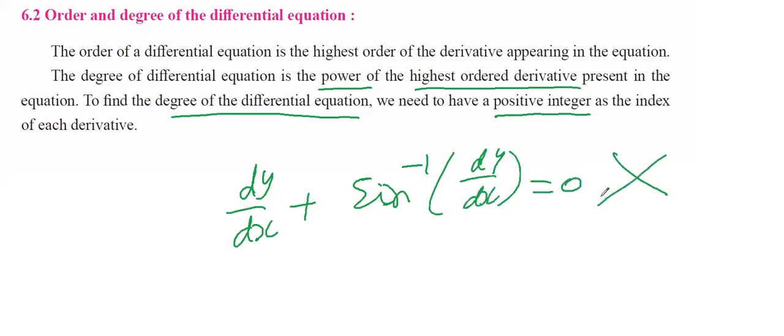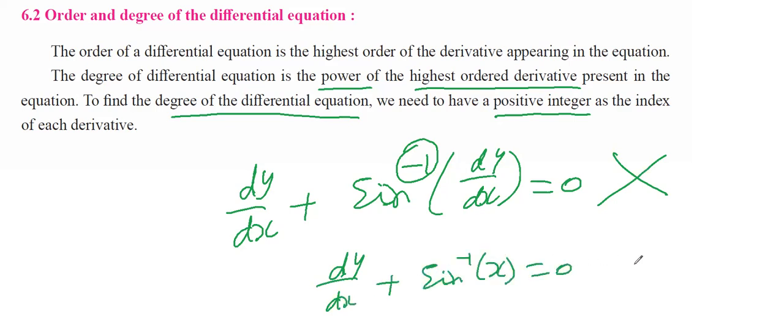This you cannot have. You can have an inverse, not a problem, but inside the inverse you cannot have dy by dx. For example, dy by dx plus sine inverse of x is equal to 0 is perfectly correct. But the other one is not, only because there you have dy by dx inside.